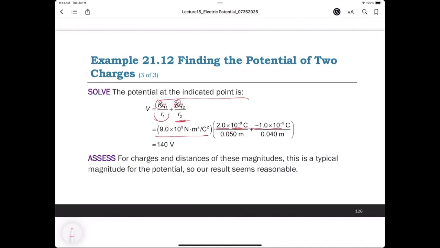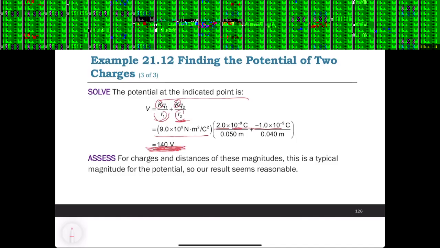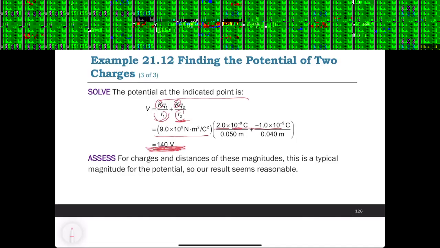One is 5 centimeter and the other is 4 centimeter. So the final electrical potential is 140 volt. For these charges and distances, this magnitude is typical for the potential.